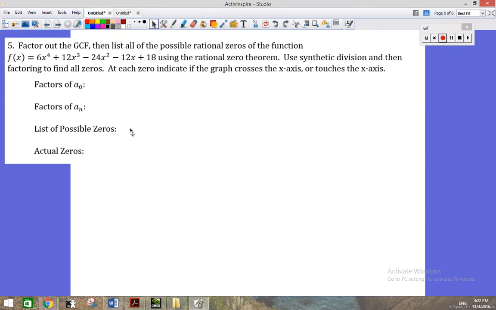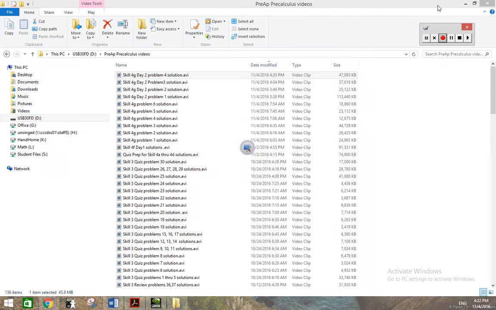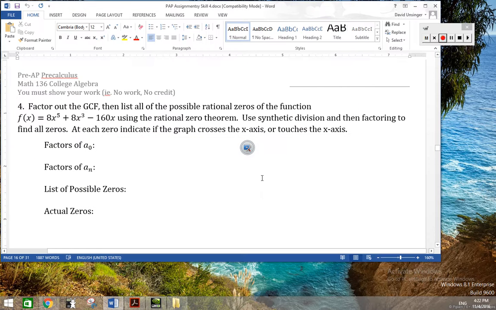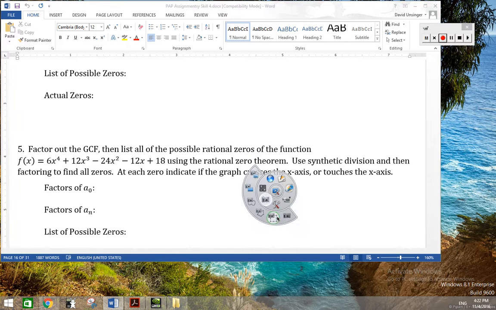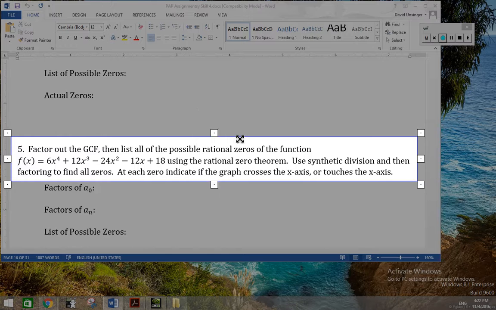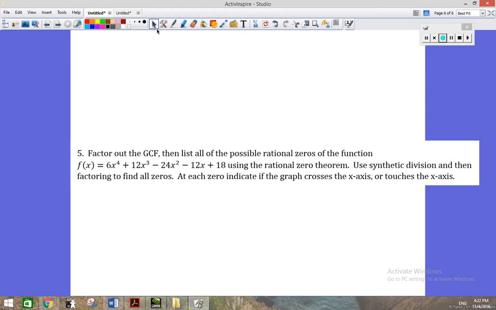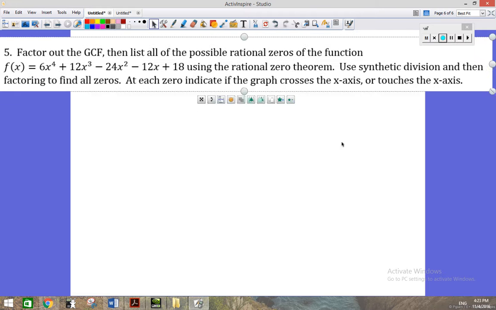Now, always look and see if you have a greatest common factor. So for this one we do. I'm going to do that first before I start looking at the factors of my leading coefficient and my constant term. I don't have a variable that's common to every term, but I see that every one of these numbers is divisible by 6.